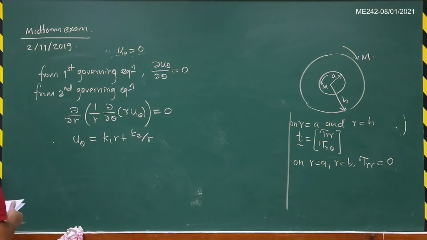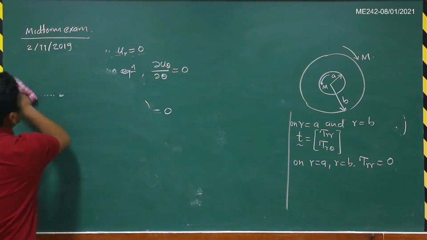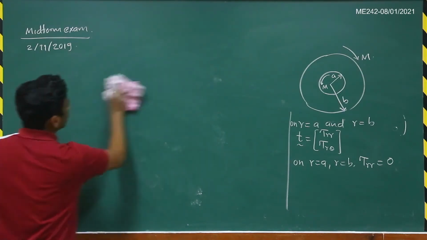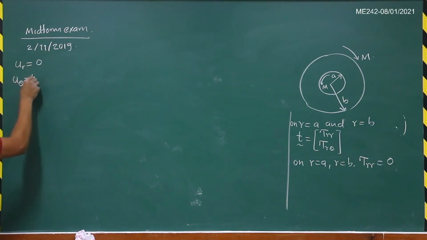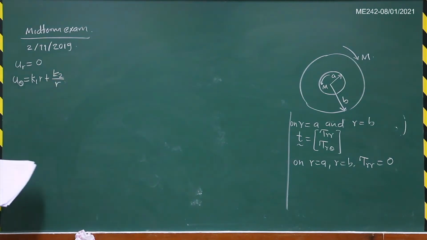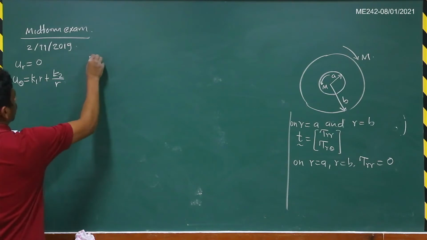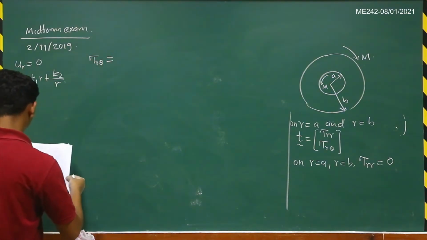Okay, so the first condition we use is the moment. So now we have u_r equals 0, u_theta equals k1 r plus k2 over r. Now we find tau_r theta.